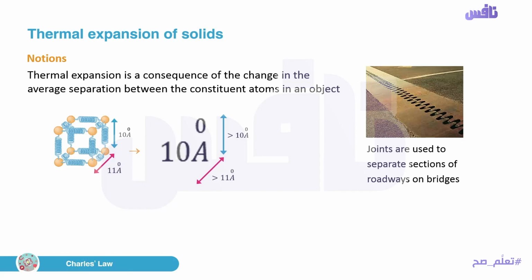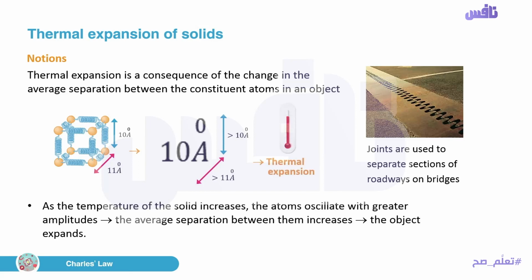So we can say that as the temperature of a solid increases, let's focus, my friends, the atoms oscillate with greater amplitudes. Of course, we studied this in the first semester. So the average separation between them will also increase, which means the object expands.